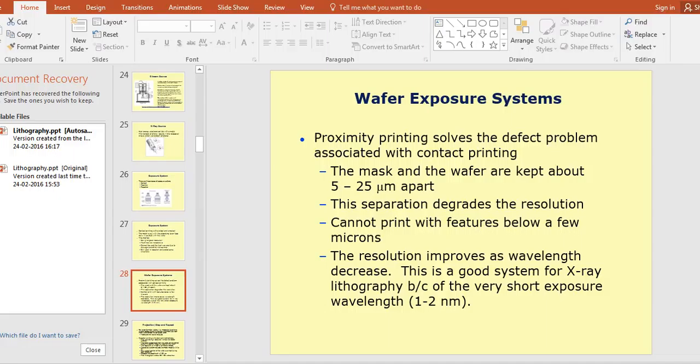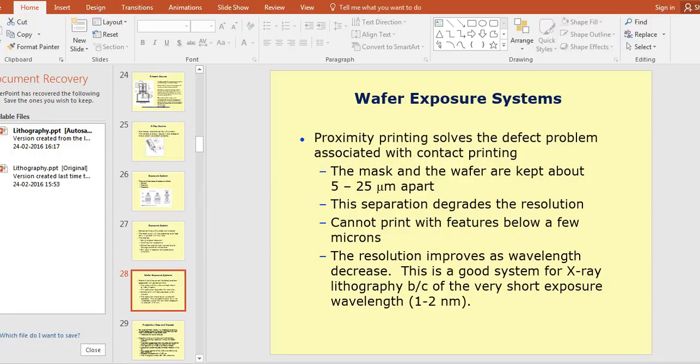Starting from 436, for example G line is there, I line is there. G line and I line are different wavelengths in the UV range. 436 nanometer, if I am not wrong, is called G line, and 370s, that is I line.